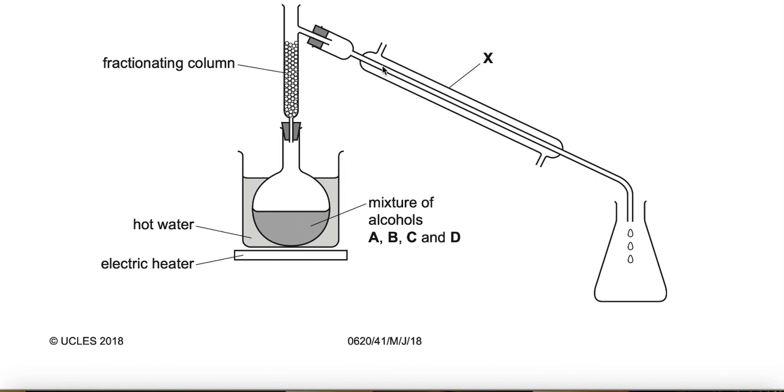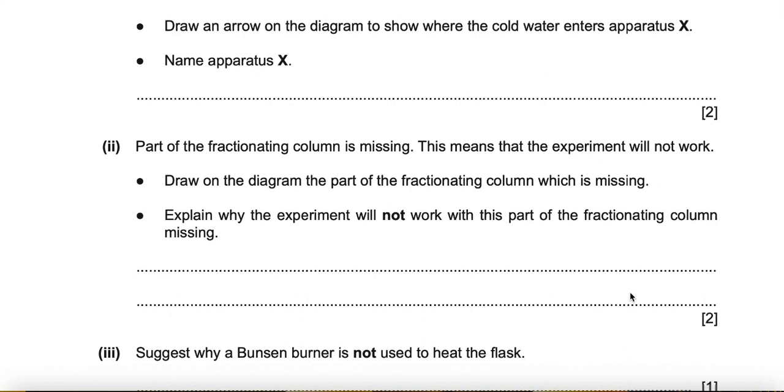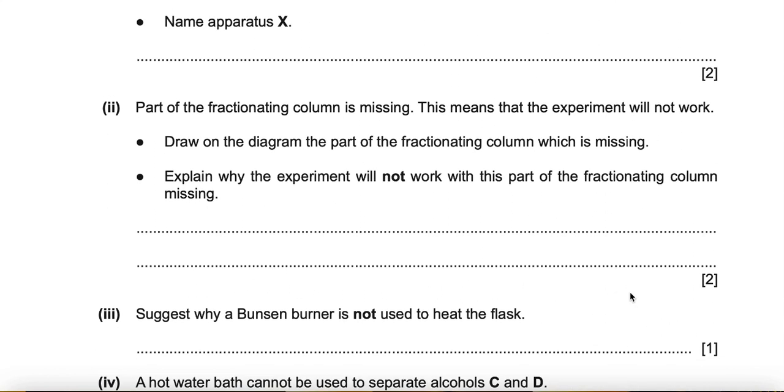So the cold water should go in here, and the heat should go out from here. The cold water should come in from the lower aperture. The alcohol that reaches boiling point travels to this place and is collected in this beaker. So that's that for that. Now let's go to C Roman figure 2.